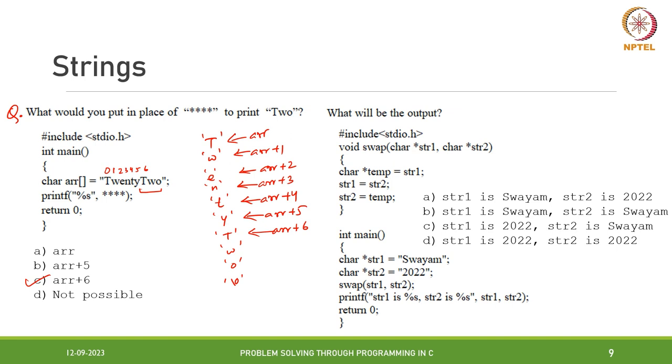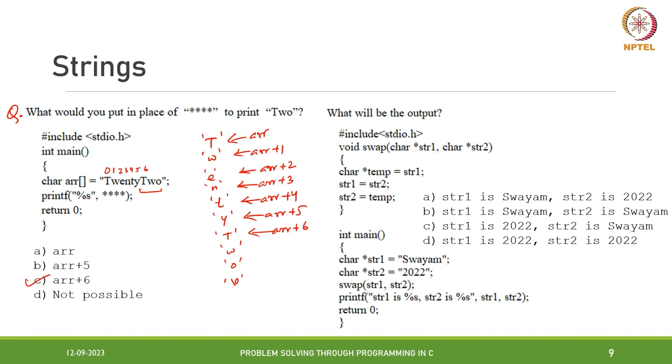Sir, can you please explain it again? Okay, so here we have a string which is 22. If I write it in a character by character form, a blown out form, this is how it will look: TWENTY TWO, then a null character. So this is our string.